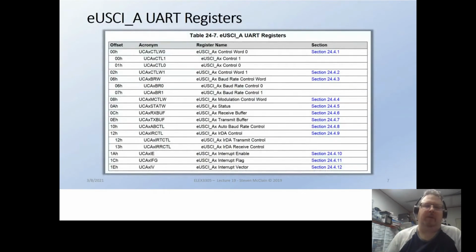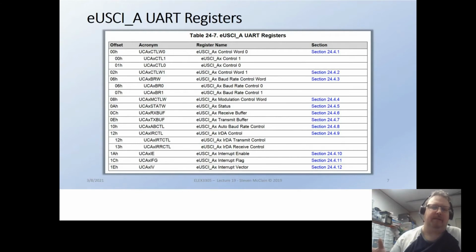Yep. Once you've seen the first one and gotten past it, and seen the second one, and you get to the third one, you start to see the pattern. They're all a bunch of details, and they've all got their own special little story, but they're all kind of the same. And it gets quicker to figure out what they're going to do and what you need to do with them, because they use the same names. Like UCAxIFG, the interrupt flags.